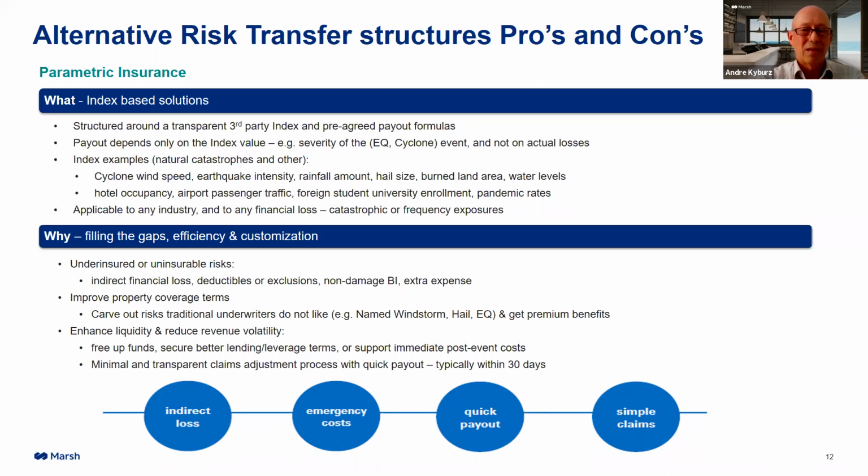That's why it's very important to spend a proper amount of time discussing what the real issues are and what events a client wants to cover, because structuring the trigger is really important. If you miss the trigger, you could have a costly solution in place that will not pay out because the trigger is set in the wrong way.